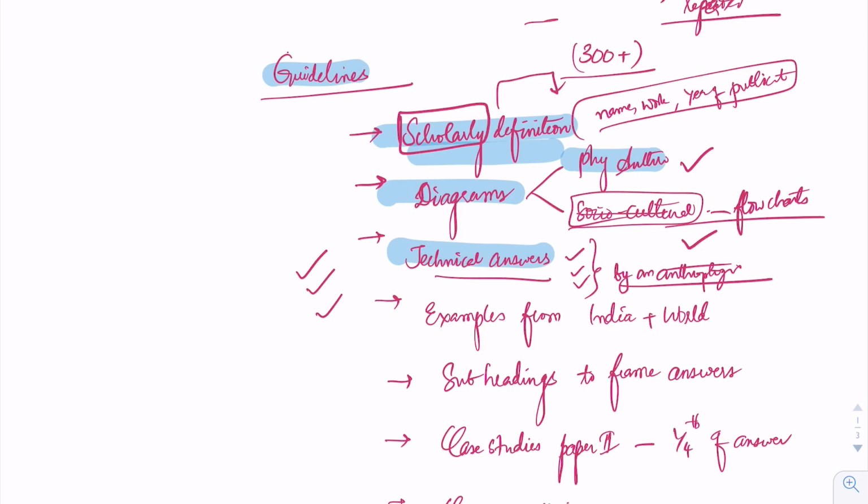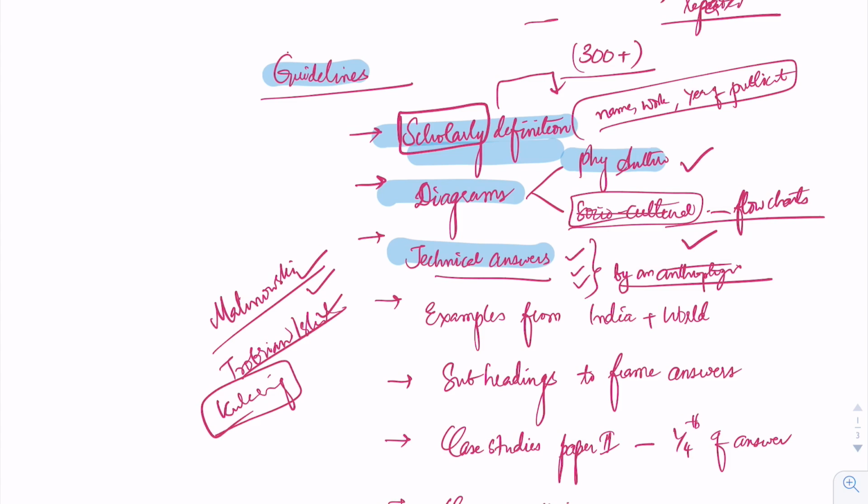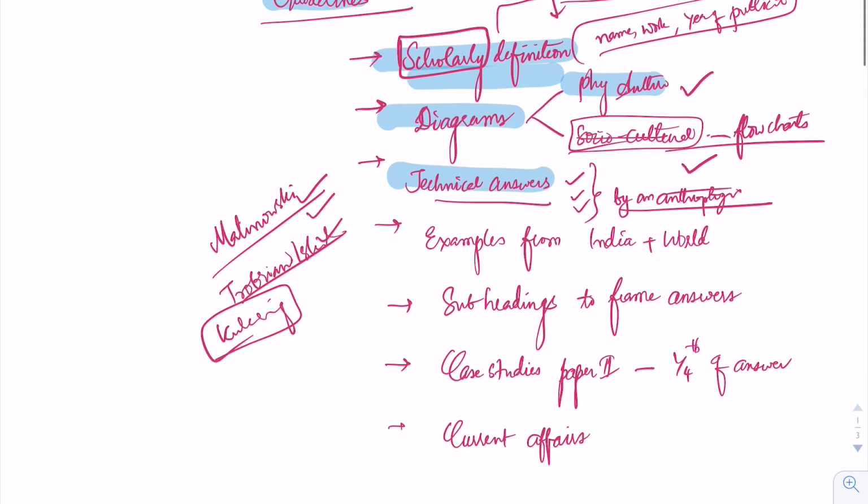Make it a point to mention Malinowski and his work on the Trobriand Islanders, and do mention the Kula ring exchange as an example. So try to be technical and quote as much work of anthropologists as possible. In your answers, make it a point to include examples both from India and the world for paper 1.